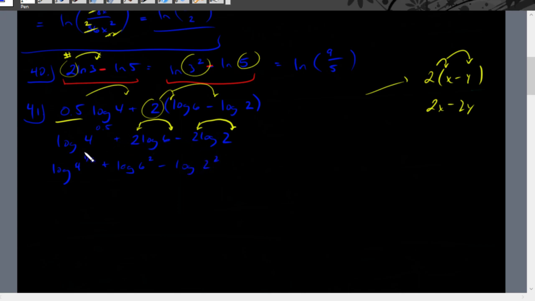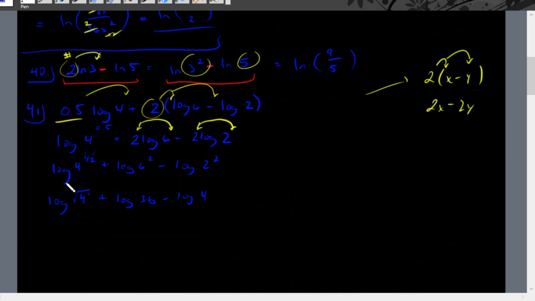Now, we were already dealing with rational exponents before. 1/2 is a power of 1 and a root of 2. So I'll rewrite this. Log of, it's a power of 1, so 4 is to the first power, and it's the root of 2, so that's a square root. And then here, this is 36, and this is 4.